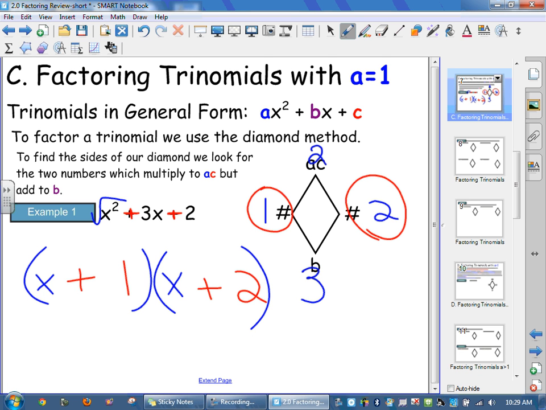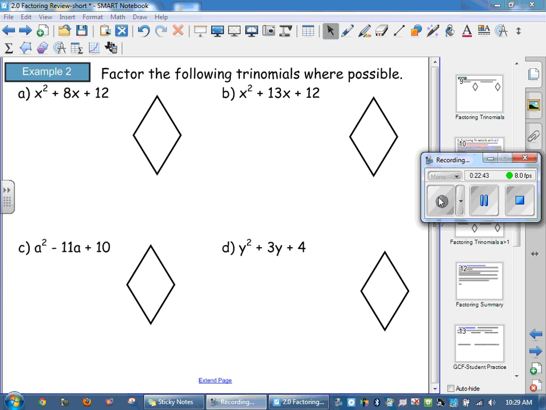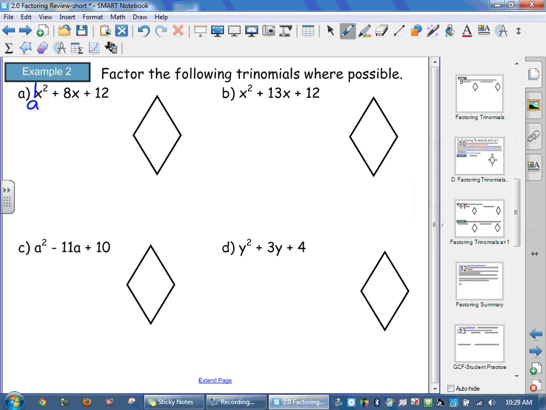On the first set, again, on the very top, we have a times c. So you have to identify who a, b, and c are. Here I've got an a of 1, b is 8, c is 12. On the top of my diamond, I take a times c. 1 times 12 gives me 12. My b number goes in the bottom, which is an 8. Now I have to factor 12. The factors of 12: 1 times 12, 2 times 6, 3 times 4.